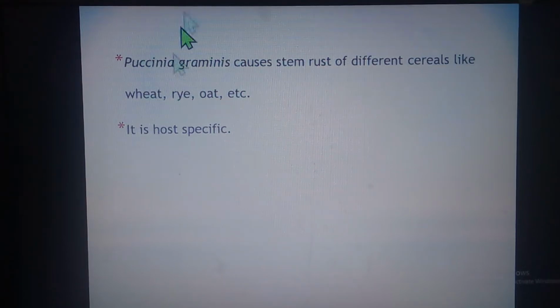What it means is that the isolate which we obtain from wheat cannot infect oat or rye, and vice versa. The isolate isolated from oat cannot infect wheat. This shows that it is a specific pathogen, indicating host specificity.